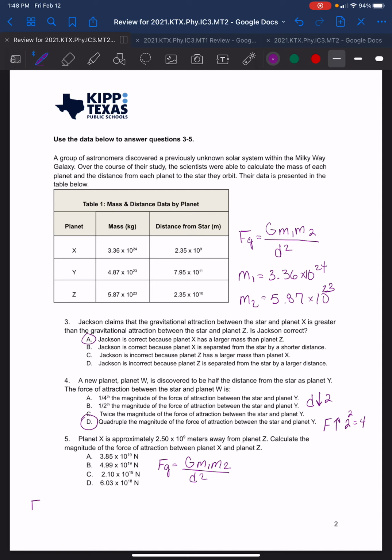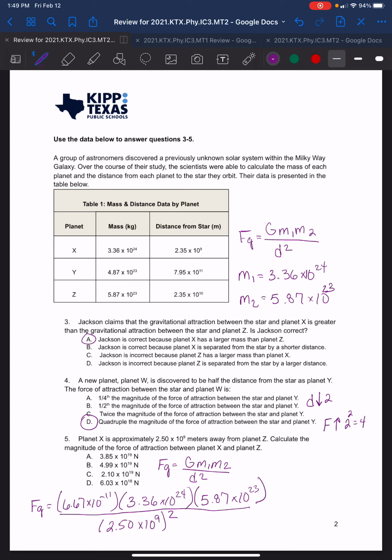Well, in our case, the force of gravity is going to be equal to 6.67 times 10 to the minus 11 times 3.36 times 10 to the 24th times 5.87 times 10 to the 23rd, all divided by 2.50 times 10 to the 9th, but that is squared.